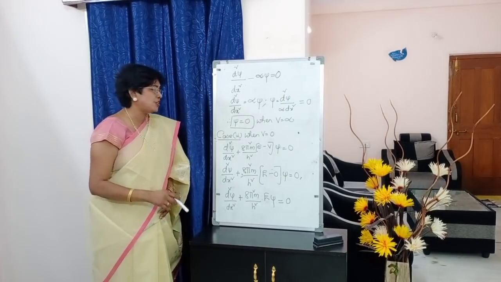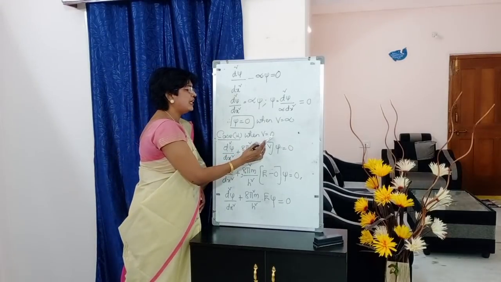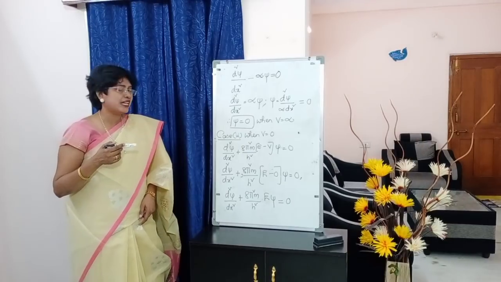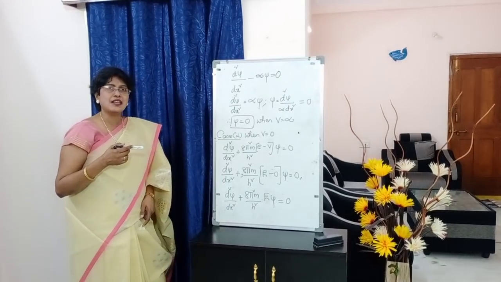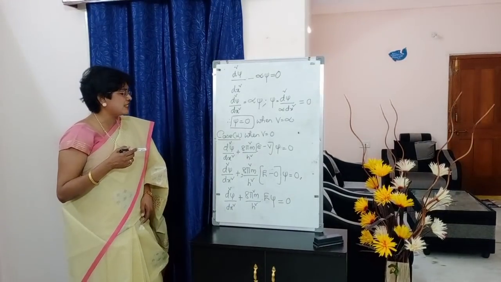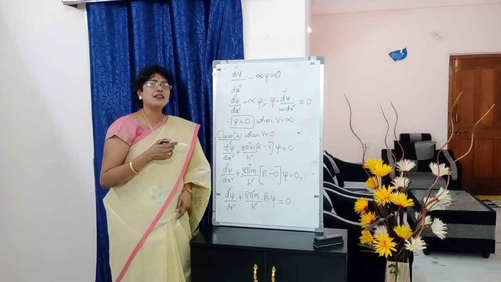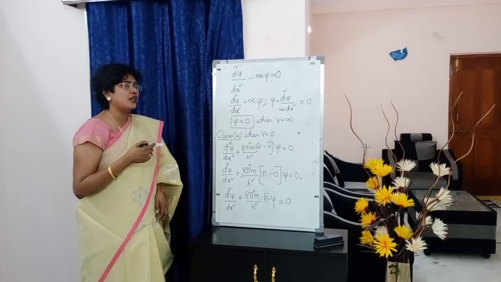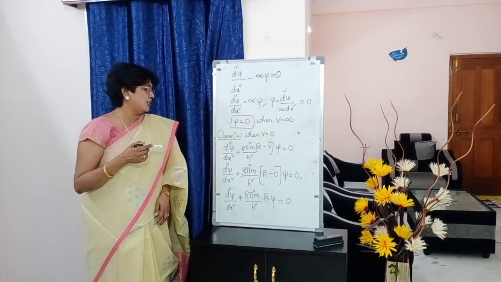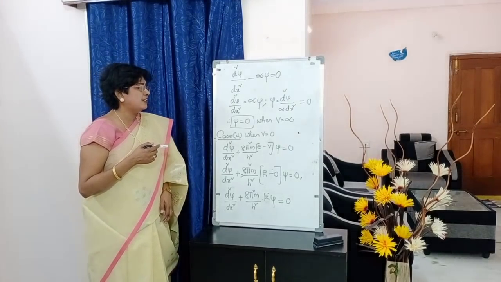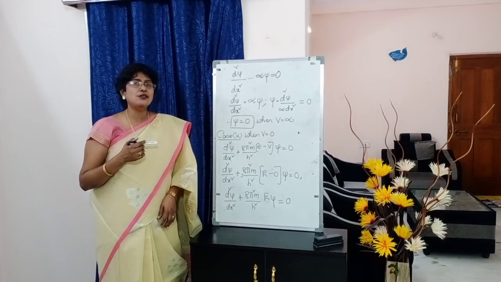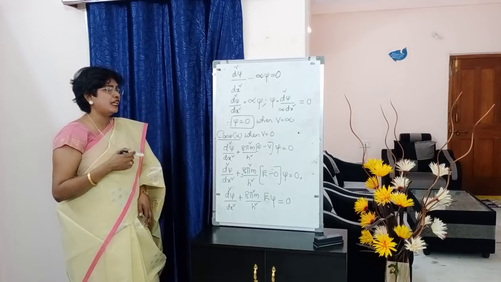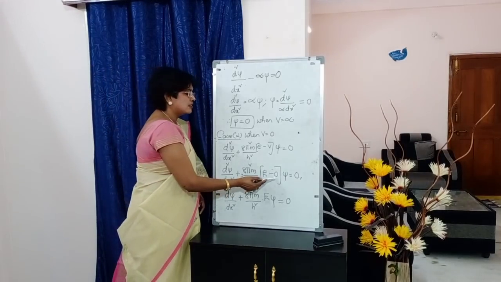The same expression we have taken. Now substitute the value of v as 0 in the place of v. So what do we get, students? Next step, write down d square psi by dx square plus 8 pi square m by h square into e minus 0 into psi is equal to 0. Okay, in the place of v, write down 0.